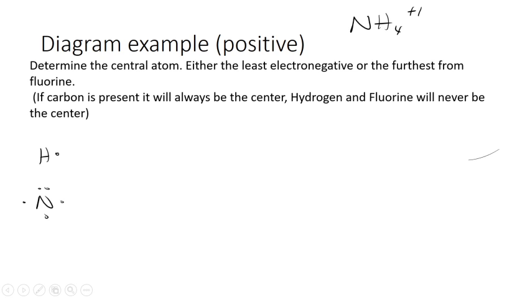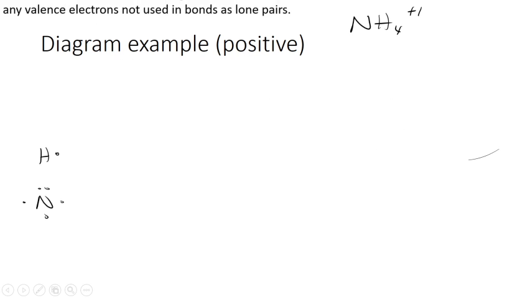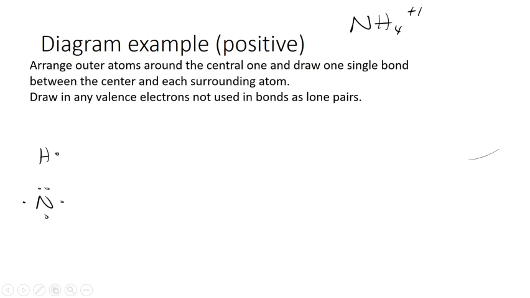Central atom. Again, hydrogen is never going to be the center. The only other element is nitrogen, so nitrogen is going to be the center. We're going to arrange the outer atoms around the central one and draw in the single bonds.